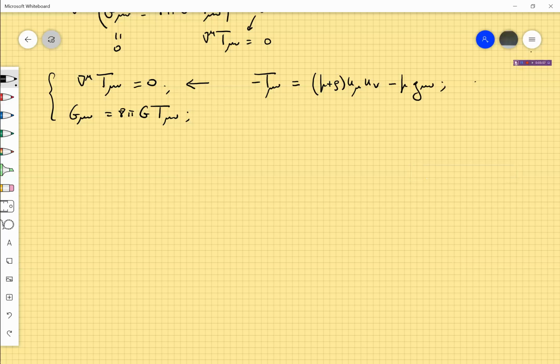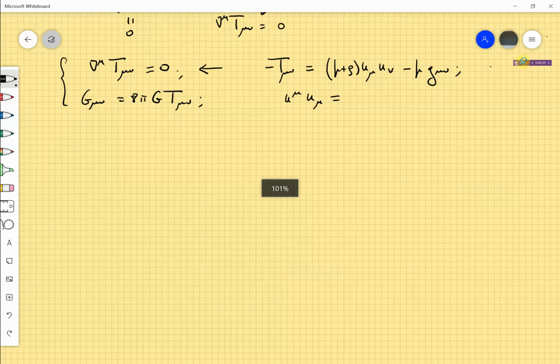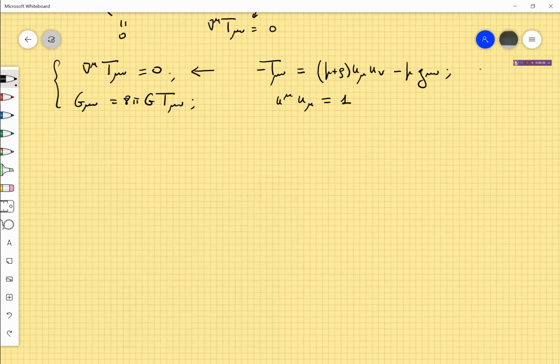Then it is only characterized by a single number and not by three numbers. And rho is the energy density. And u mu is the velocity of the fluid. This is a velocity field, a four-velocity, since the fluid is supposed to have mass. It's not a radiation fluid or anything like this, so it satisfies this condition.